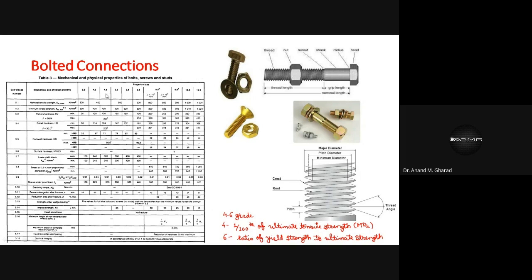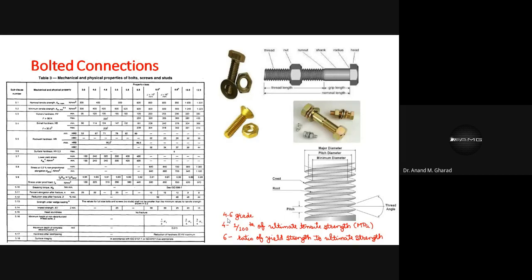So you can see over here for 4.8, lower yield stress value, nominal and minimum, you can check the nominal value to be 320 MPa. Similarly, for 4.6, it is given as 240. For 5.6, it will be 300. For 5.8, it will be 400 and so on. Okay? So this is the meaning of that.